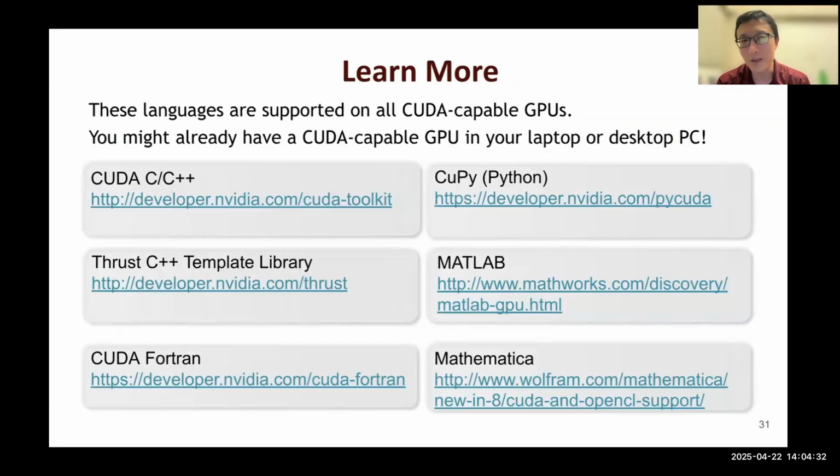Depending on the library, the particular implementation and the flavor you're using, it's able to handle different devices as well. The Thrust C++ template library is one of the libraries that NVIDIA is pushing hard, which supports different architectures, and it's one of the tools you may want to look into. Mathematica and MATLAB also provide programming interfaces that use CUDA underneath to generate code that handles kernel launching for different computing tasks.